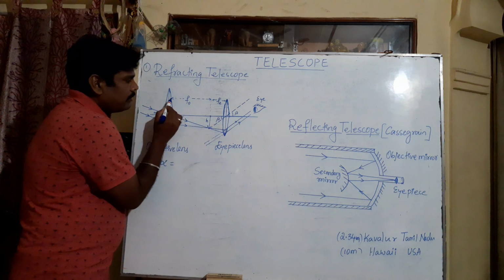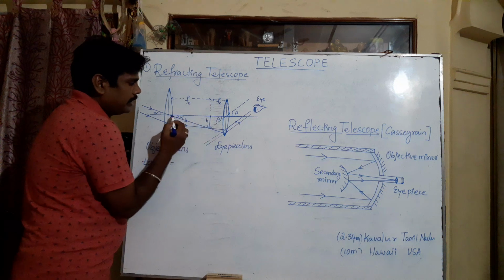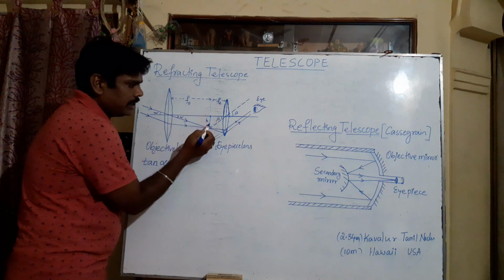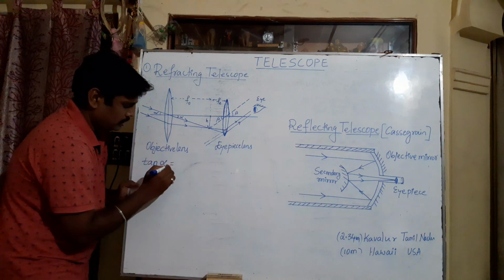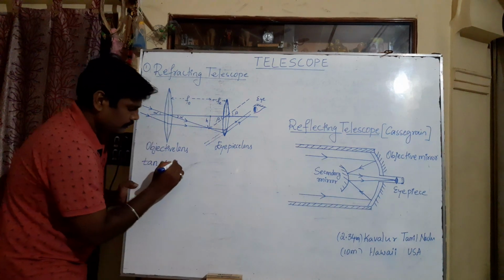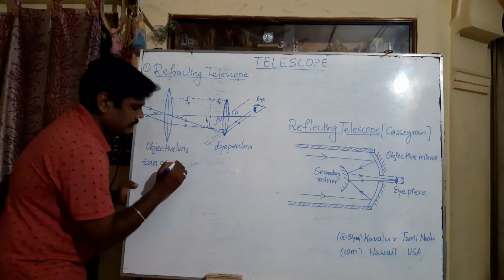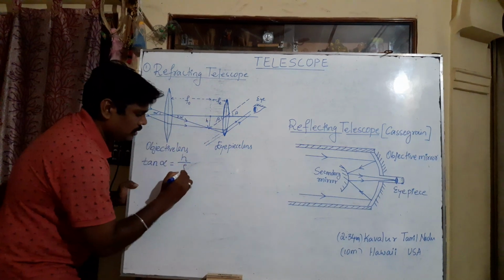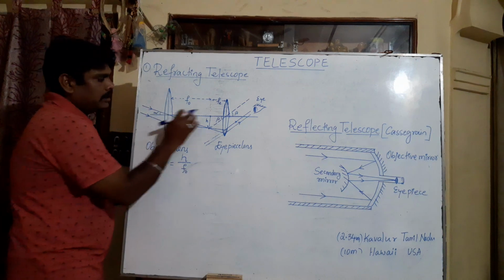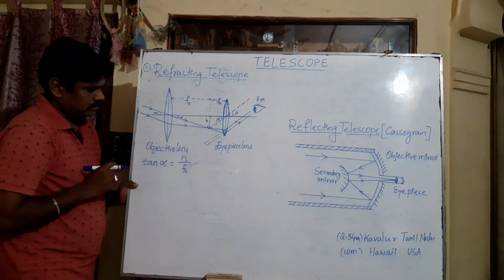The adjacent side value is f0, from here to here. The opposite side value is h, the height of the real image of the far object.